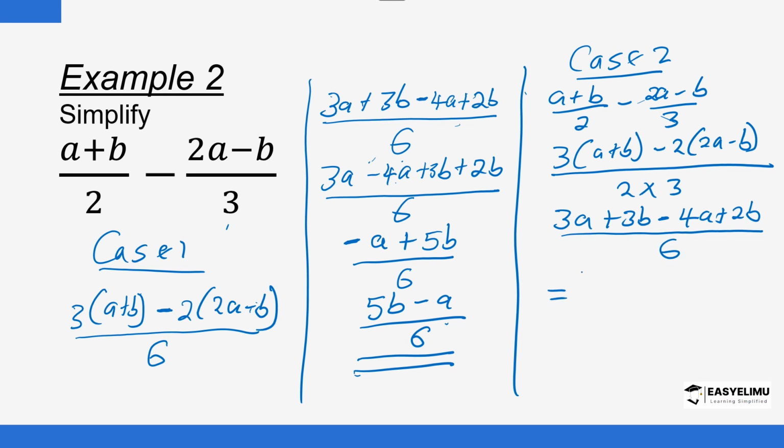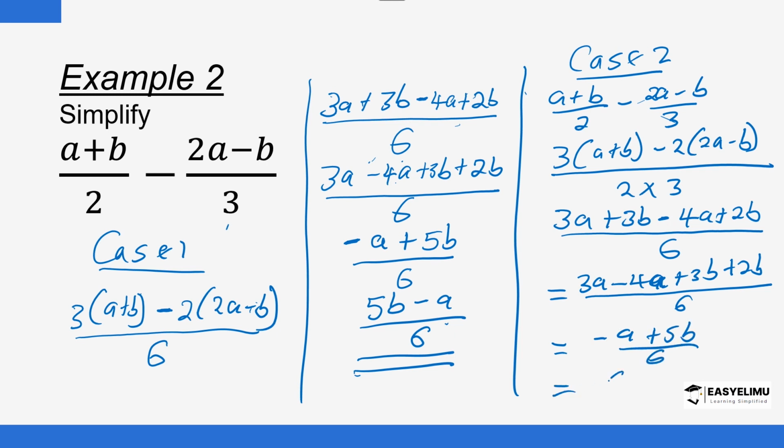So we have 3a minus 4a plus 3b plus 2b, everything over 6, which is finally minus a plus 5b over 6, which is finally 5b minus a over 6. So either of the approaches should lead us to the actual answer.